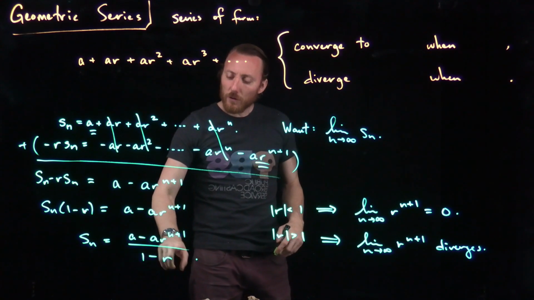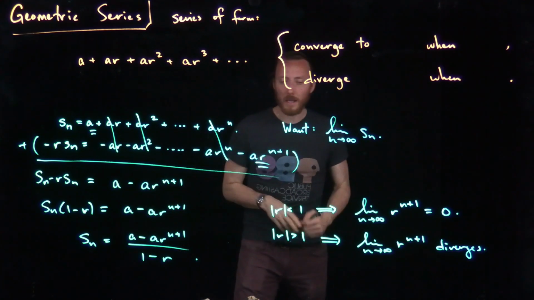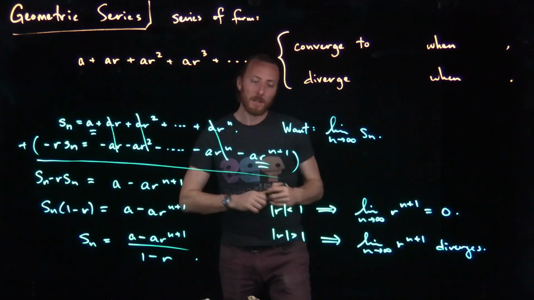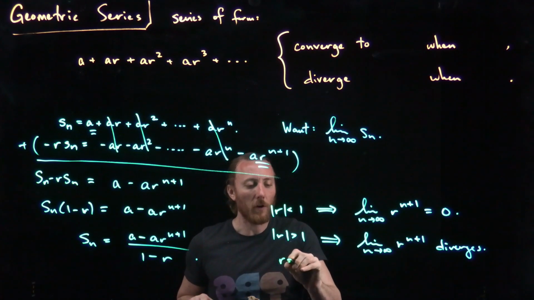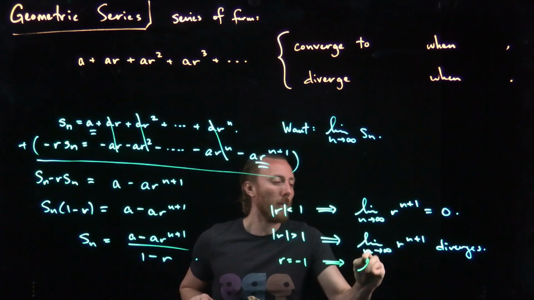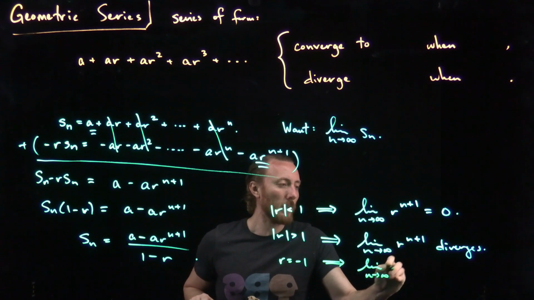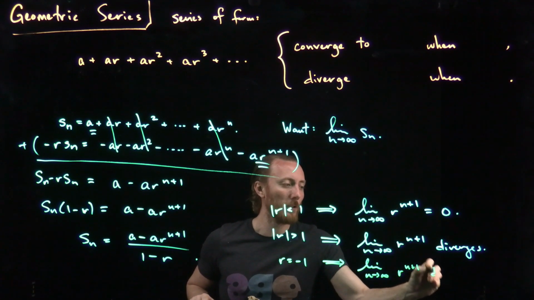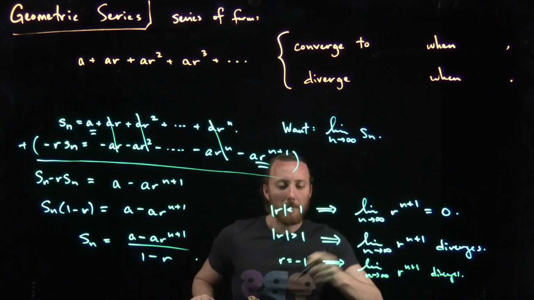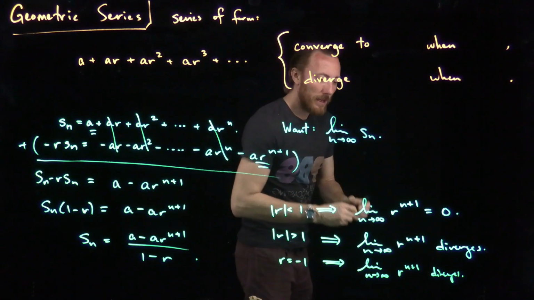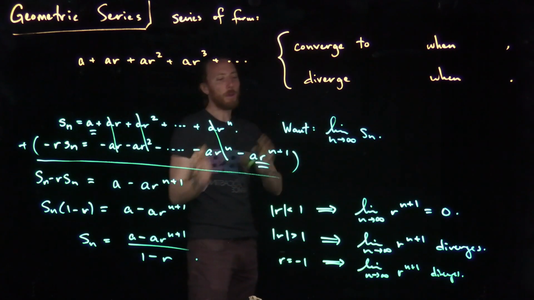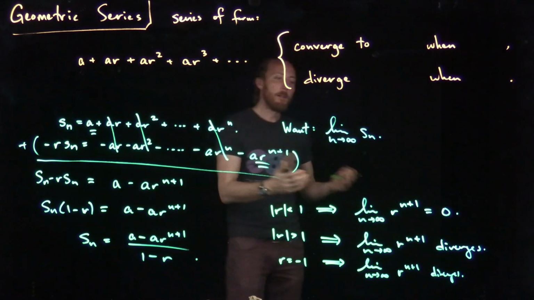This equation gives you some strangeness when r is equal to 1, I must say. So that's something that's worth noting. But I will say this, if r is equal to minus 1, then the limit as n goes to infinity of r to the n plus 1 diverges as well, because this is just minus 1 followed by 1 followed by minus 1 followed by 1, and that diverges.